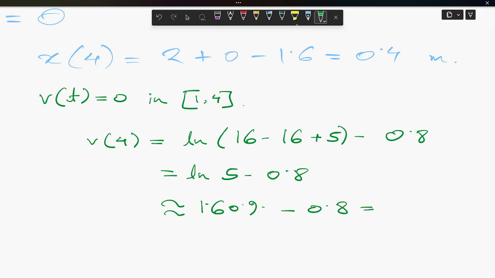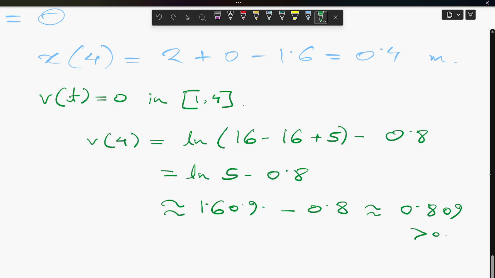So that should be 0.809, which is greater than 0. Since our v of t changes sign only at t r, the particle changes direction once.